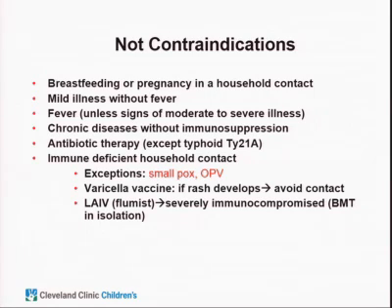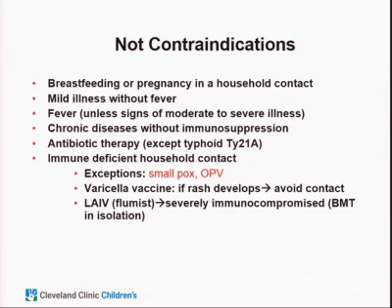Immune deficient household contacts. So if you have someone in the household who is immune deficient, you can generally give all vaccines with the exception of smallpox, which we don't routinely give, and OPV, which we no longer give in this country, okay? So with chickenpox vaccine, we always get a lot of questions about that. Even though this is a live attenuated vaccine, there is only transmission if the person getting the vaccine develops the rash, in which case they want to avoid contact.